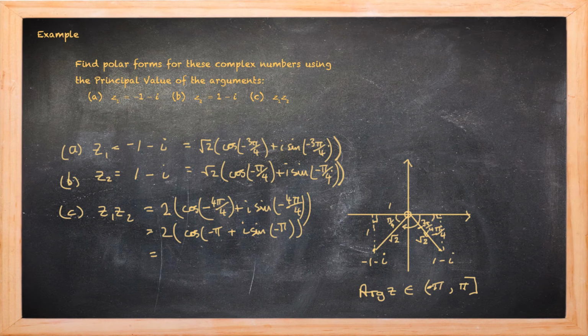Let's go ahead and do that. Add 2 pi to -pi, we get pi, and pi certainly is in the principal value range for the argument. And that's us with the polar form of Z1 Z2 using the principal value of the argument.